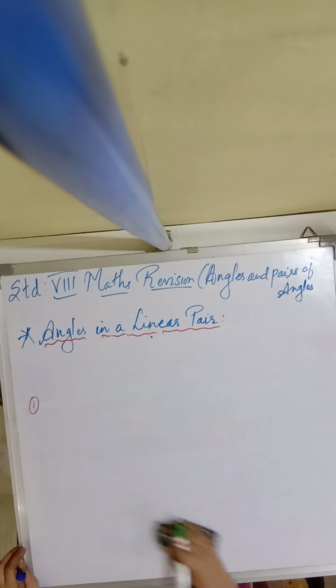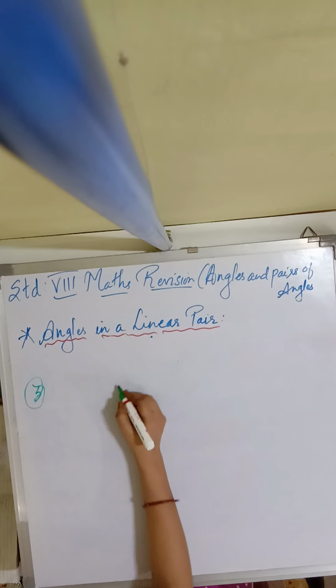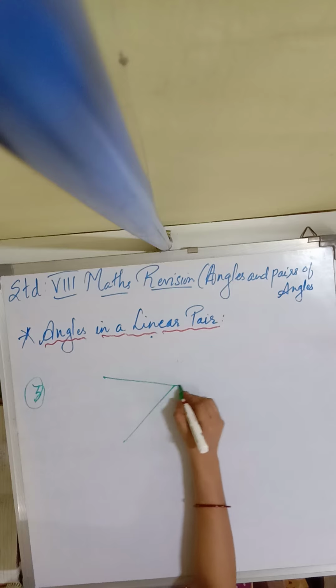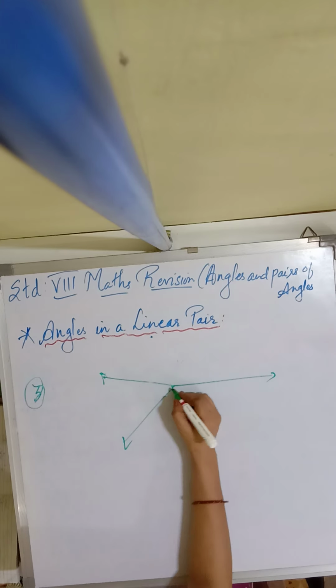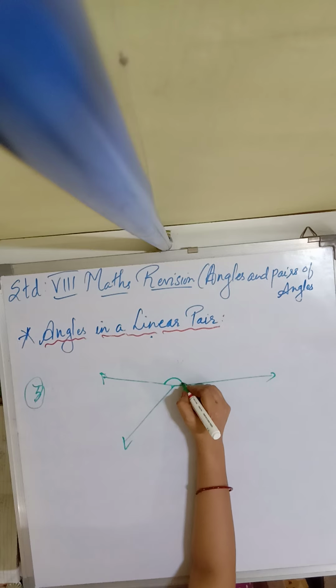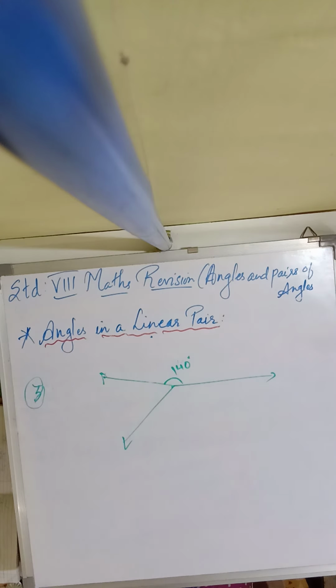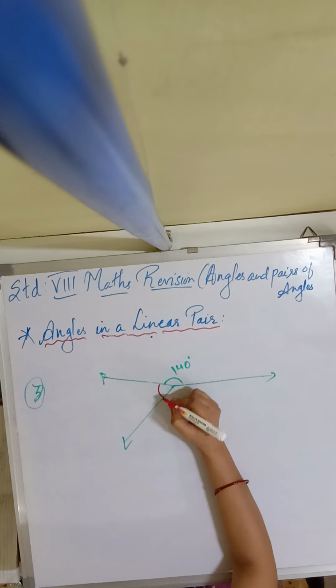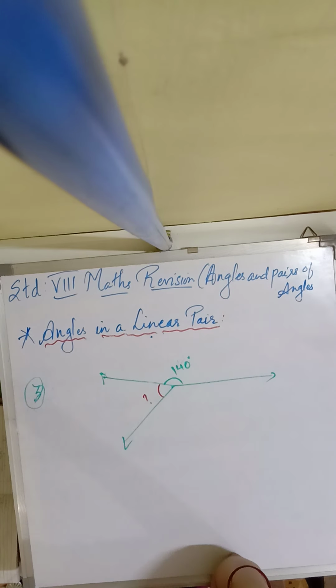Now if I take one more example, say for example, I am drawing one more figure. Here, children, suppose this angle is 140 degree, and this other angle we need to find.